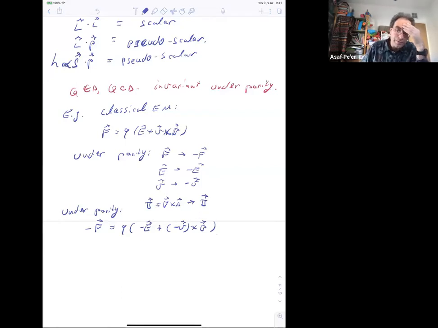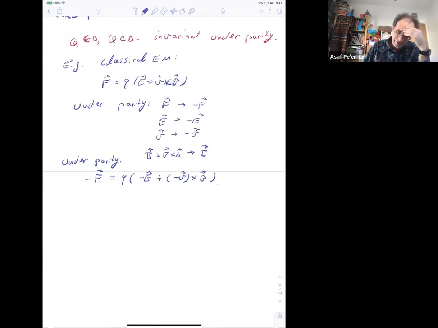So we cannot tell what side of the mirror we are looking at an experiment from. All experiments of motion of a charge in an electromagnetic field are invariant under space reversal. Now, I didn't say that the entire electromagnetic theory is invariant under space reversal, because in order to prove that, I have to show that the whole set of Maxwell's equations are invariant, but they are. You can check it at home. So the full electromagnetic interaction is invariant.